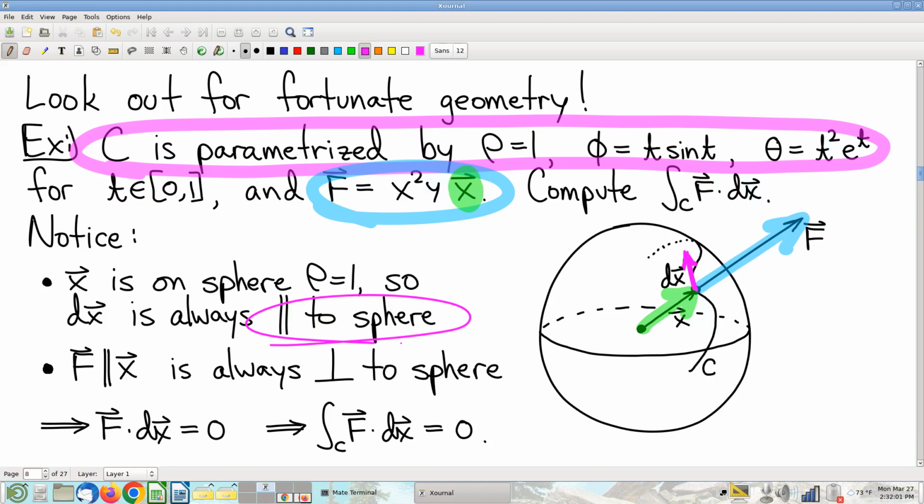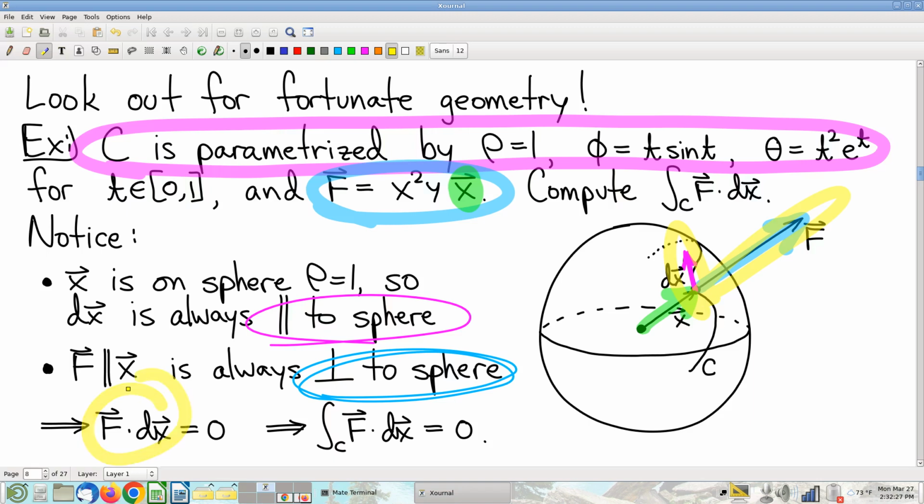Okay, repeating myself. So the dx vector is parallel to the surface of the sphere. But notice that my vector field is always orthogonal to the sphere. And that means that these two vectors, f and dx, are always perpendicular to each other.